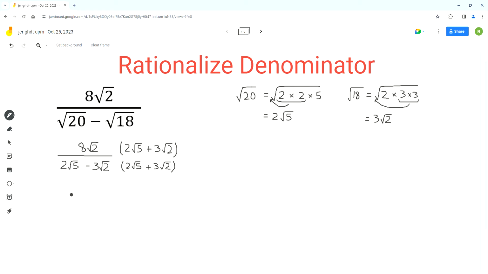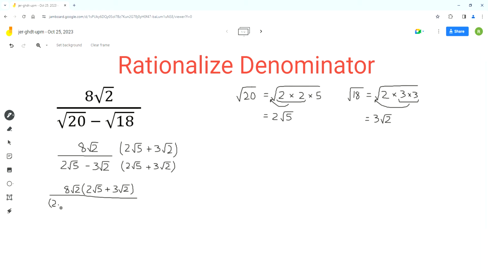So now we can rewrite our step. So we get 8 times square root of 2, and with that we multiply 2 square root 5 plus 3 square root 2. So we keep this expression in parentheses. Over, and now we can write these two expressions in parentheses next to each other.